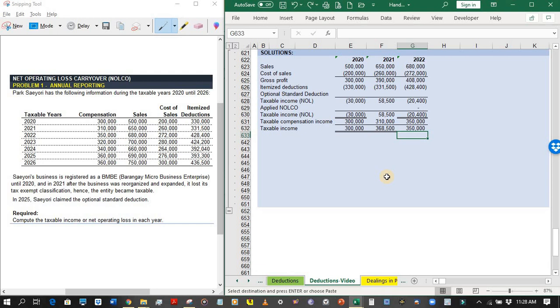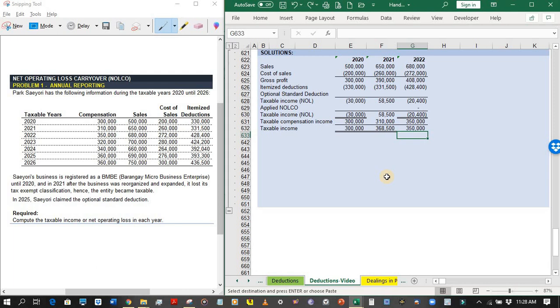The answer is yes, because again, as I have said earlier, starting 2021, the taxpayer is now a taxable entity. So if there will be a net operating loss that will be incurred by the taxpayer, it will now qualify under the 3-year deductibility. So the 20,400 can be deducted against gross income from 2023, 2024, and 2025.